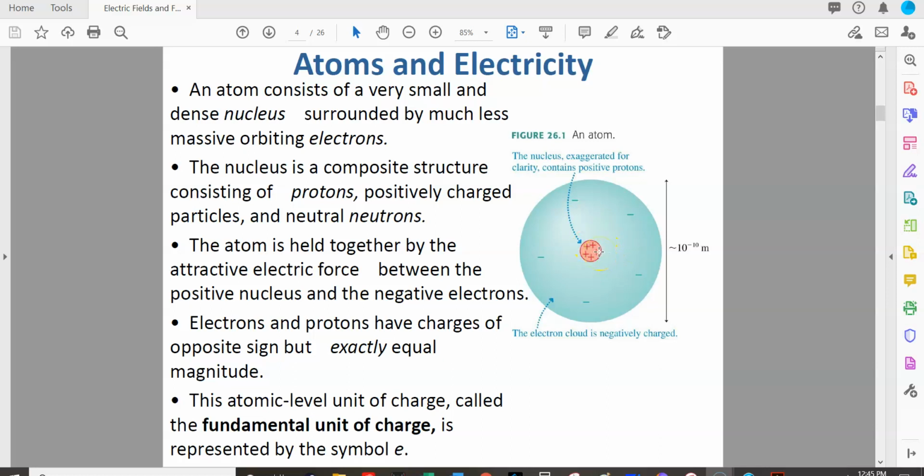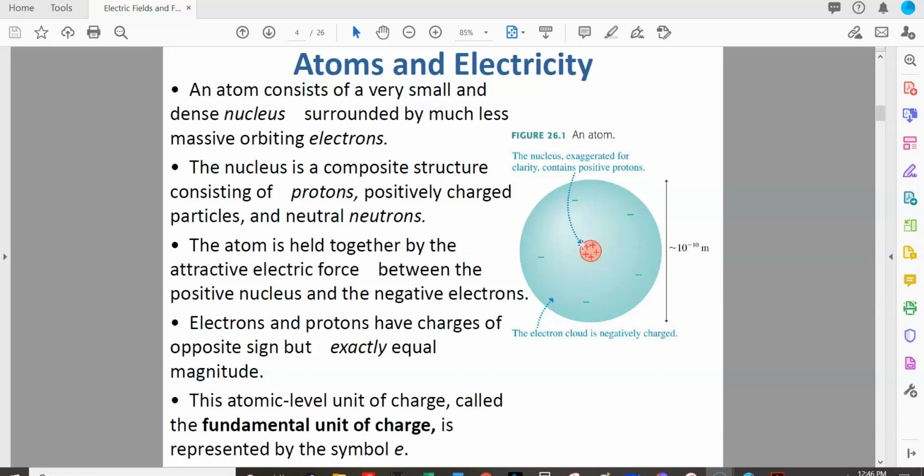What is holding this atom together is an attractive force between the positive nucleus and the negative electrons. These positively charged protons are attracted to these negatively charged electrons, so the electrons are held here by the protons.